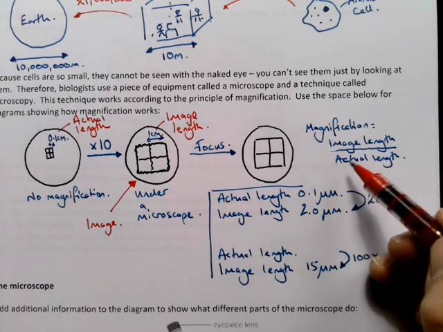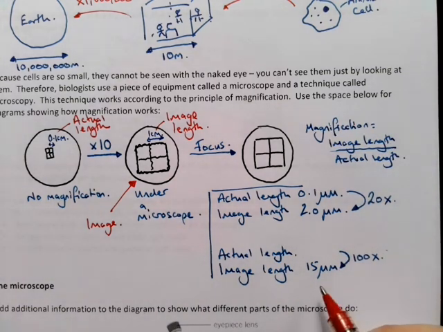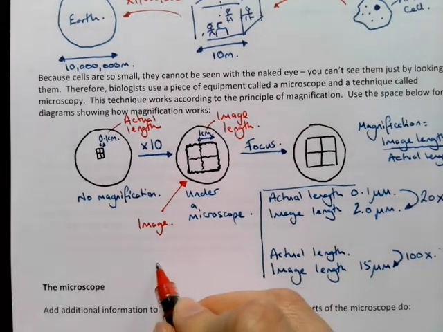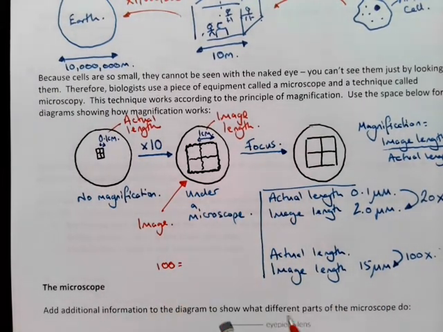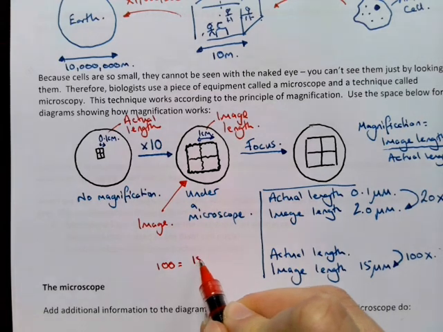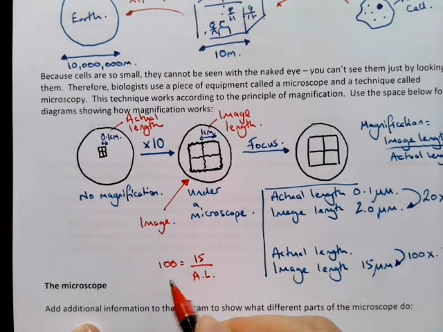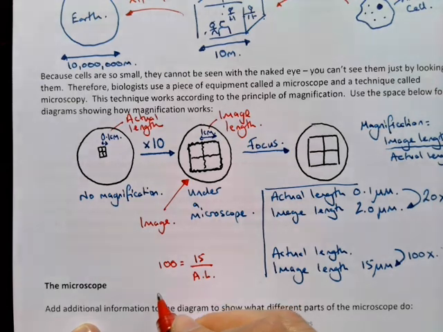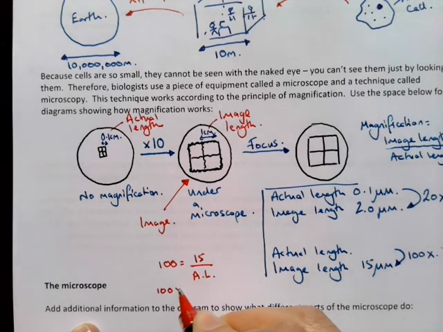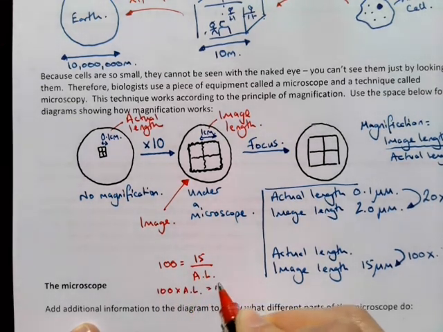Well, using this formula up here, I know that if the magnification is 100, it equals my image length, which is 15, divided by my actual length. Now, if I rearrange this, if I multiply both sides by the actual length, I get 100 times the actual length equals 15.